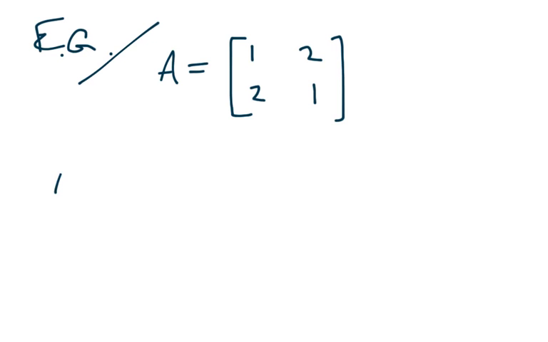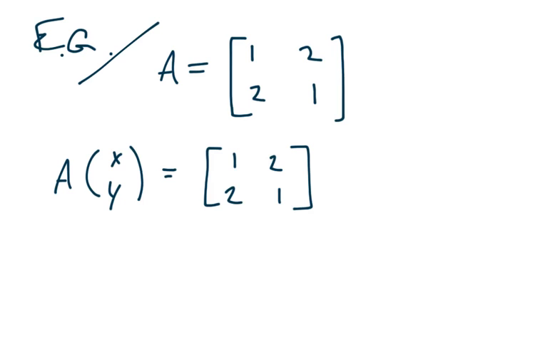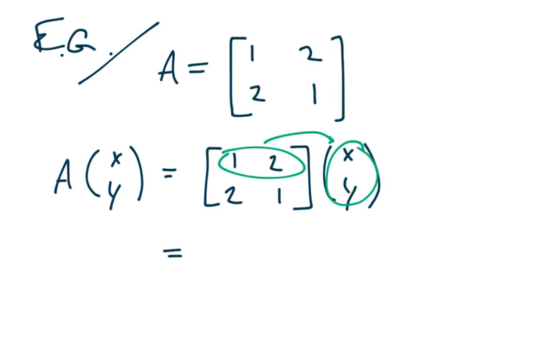Let's see what A does to vectors. A multiplied by (x, y) is going to be 1, 2, 2, 1 multiplied by (x, y). And again, you just go row by column and dot them together. So that's going to give me 1 times x, so that's just x, plus 2y.